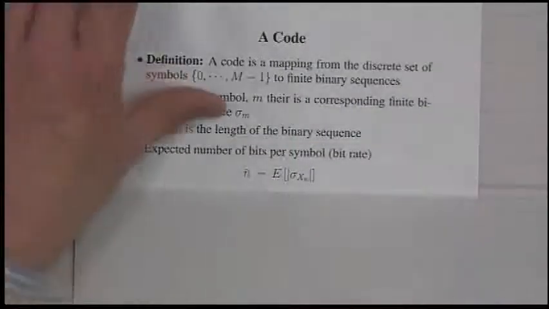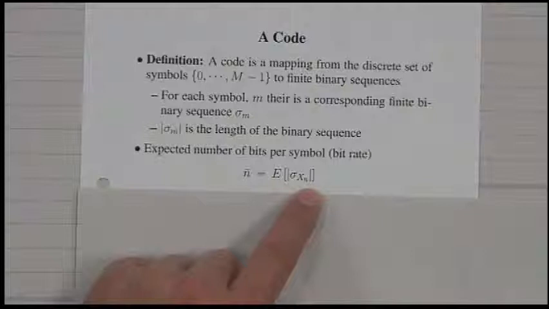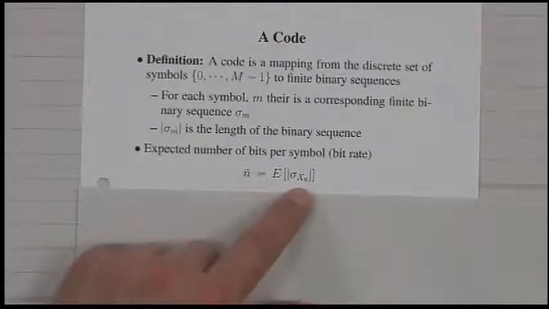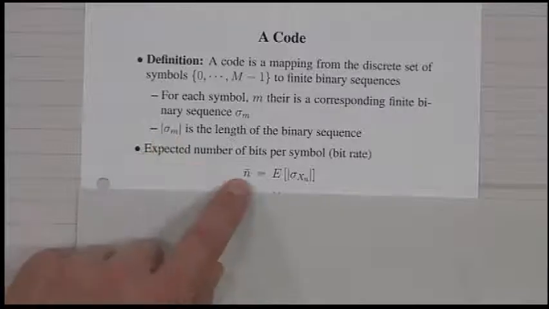So in this case, the expected length of a binary sequence is the expected value of this expression right here, where m now takes on the value xn, because xn is the actual symbol you want to send, and sigma m is the particular sequence of binary values you're going to send to encode each symbol. So n bar here is the expected number of bits per input symbol.